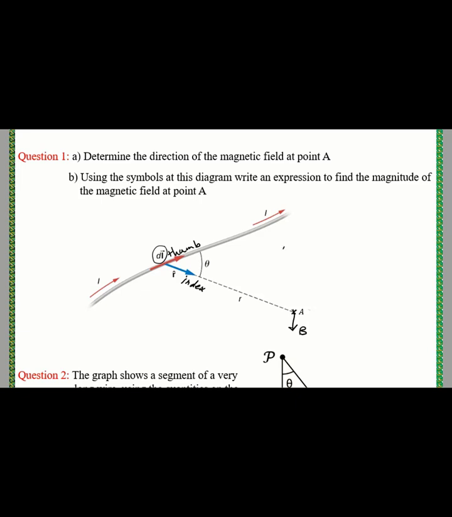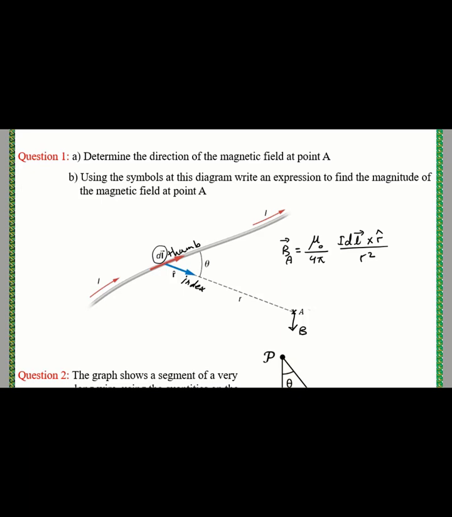To find the magnetic field at point A, it is like this: mu naught, if it is in vacuum or air, over 4 pi, then I dl as a vector cross r unit vector over r squared.